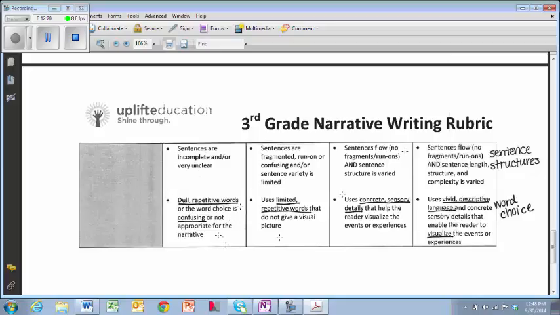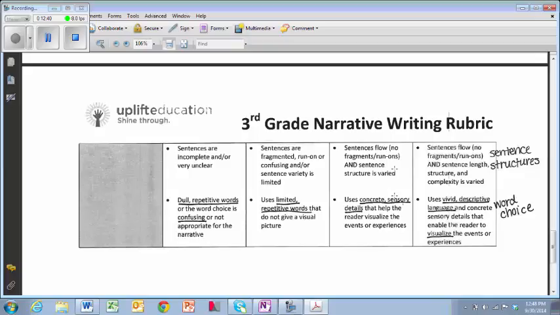Or if it's just confusing because the word choice is just inappropriate. A level 2, again, would be the same thing with the repetitive words, but it just doesn't give you a good visual picture. So if you're scared, which is the prompt, and the scholar is just saying that they were scared, it really doesn't give you a good visual picture of how scared they were.